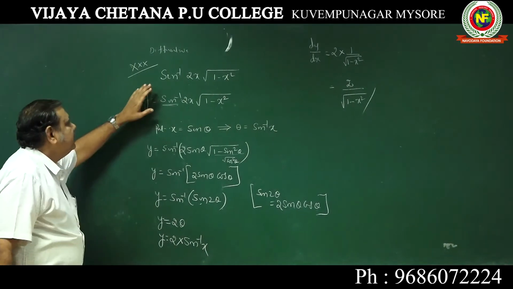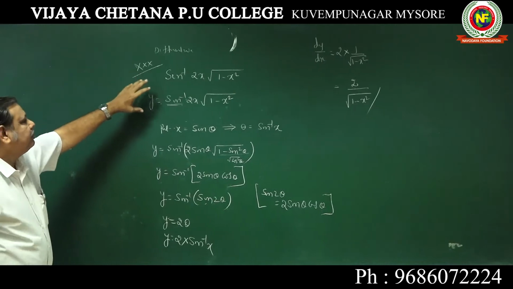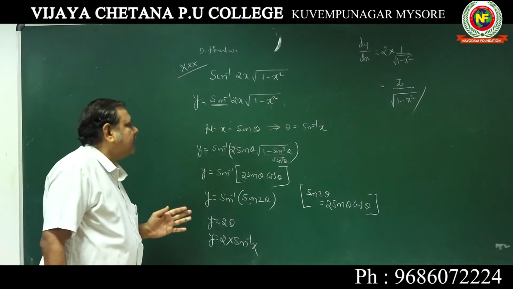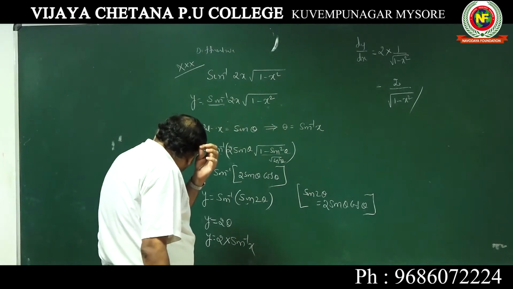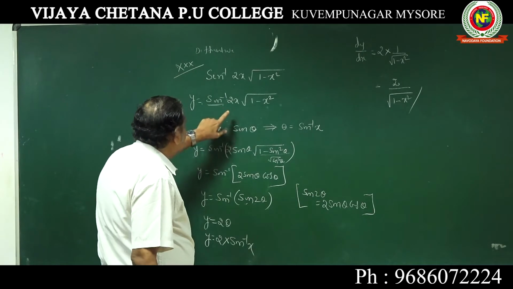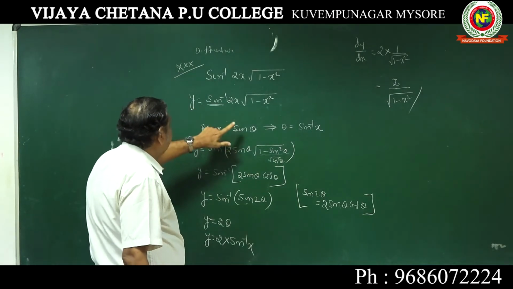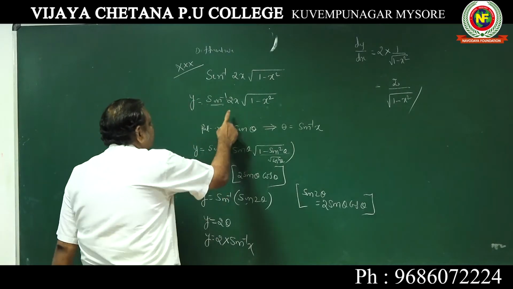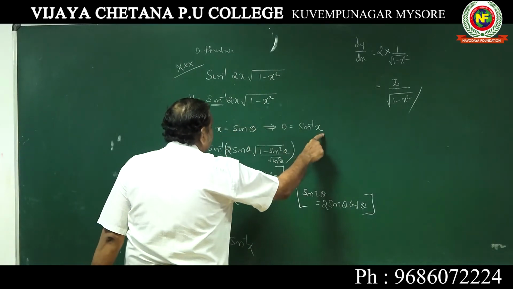I will explain again. Here in this case, you should not put x equal to tan theta. There are a few exceptional problems, but in 90% of the problems put x equal to tan theta. Now here put x equal to sin theta, so theta is equal to sin inverse x.